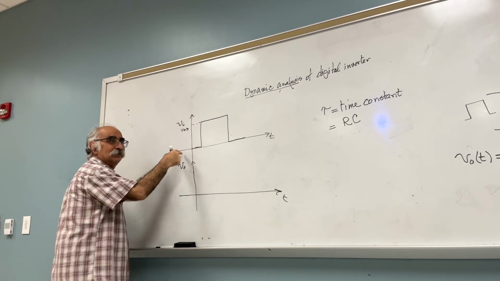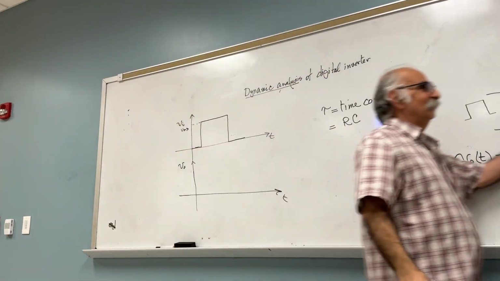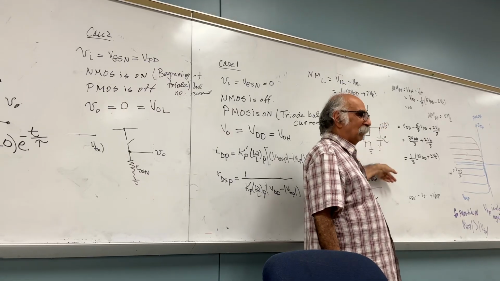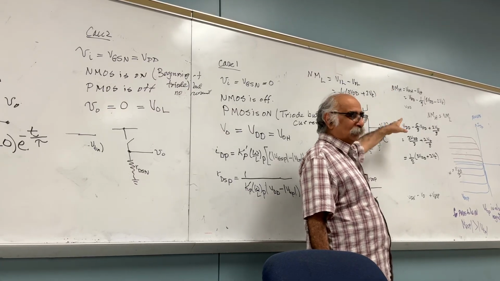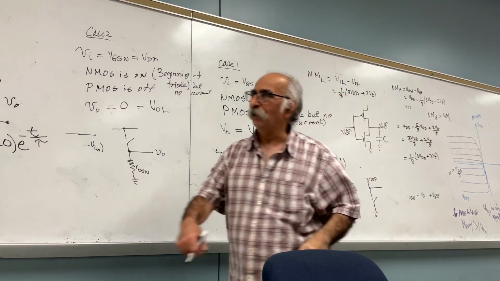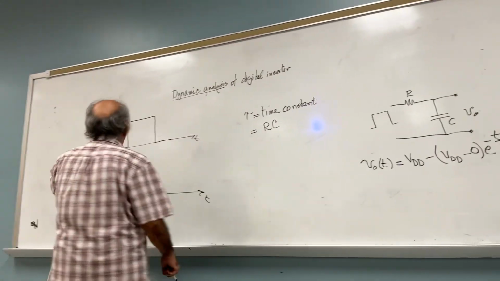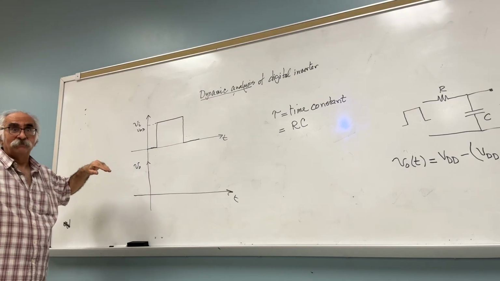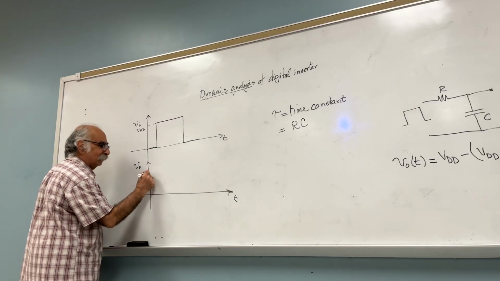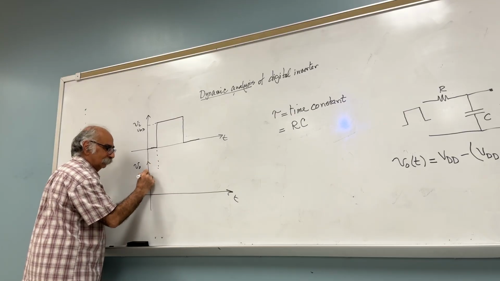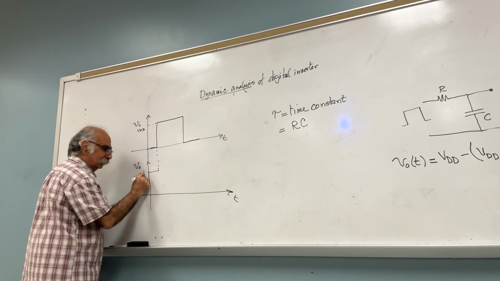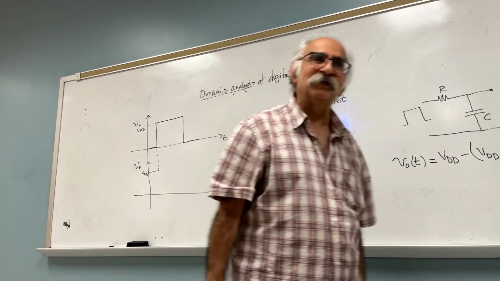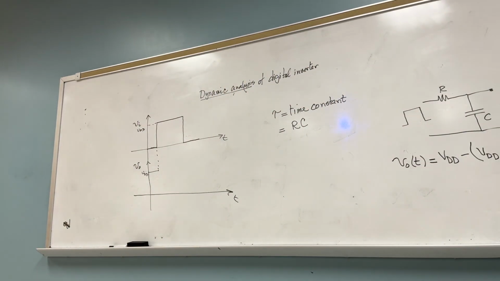Is the input zero? What can you tell me about the NMOS and PMOS? The capacitor is already charged to VDD. By the way, what am I assuming? That the input was low for a long period of time, which means the capacitor starts at VDD. Did you get it or not? Yes.